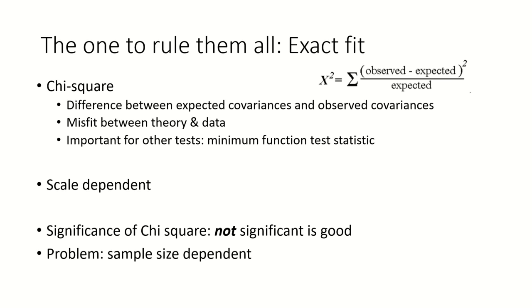But obviously that's not good practice as a researcher, because we always want to have a large enough sample to draw valid conclusions in terms of our population. So we want to have big data sets. And if we have big data sets that are representative of our sample, we run into the problem that our chi-square most of the time is significant. So what can we do? Should we just throw the chi-square away?